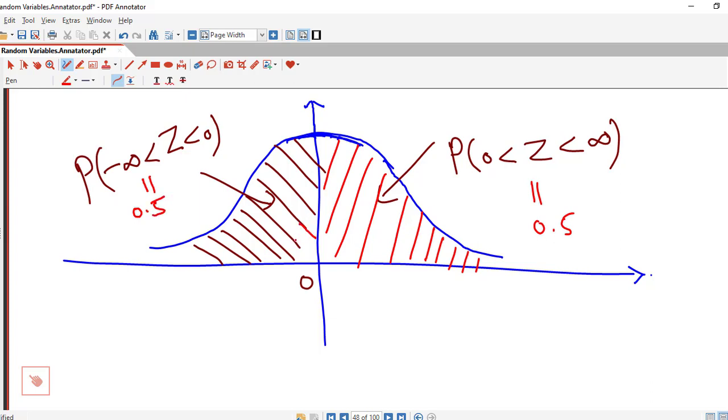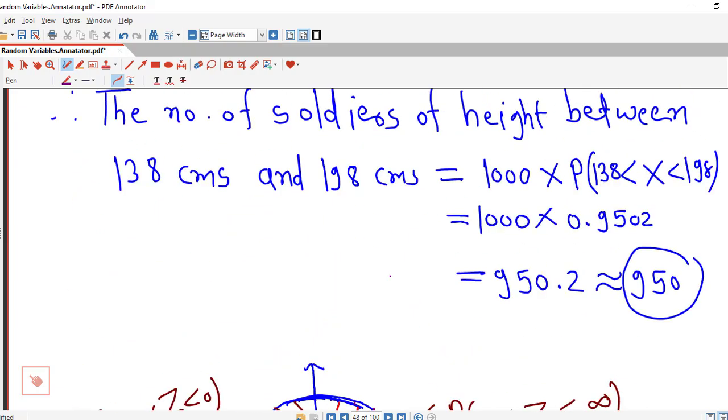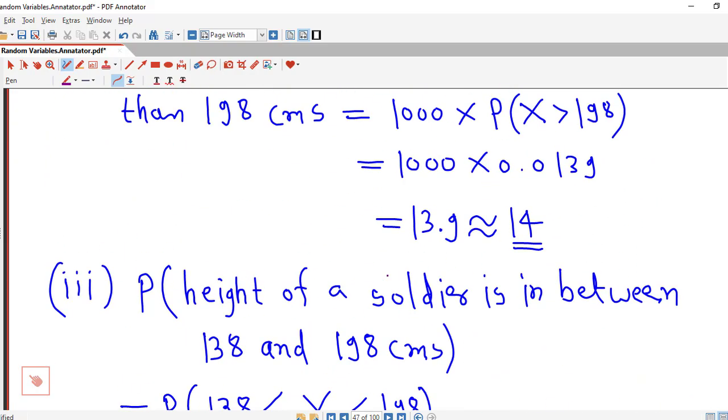Using this property we can easily find the required probabilities using the standard normal probability table. Here they have already given table values, from 0 to 1.8 and 0 to 2.2. Using these table values we are able to decide the required probabilities.